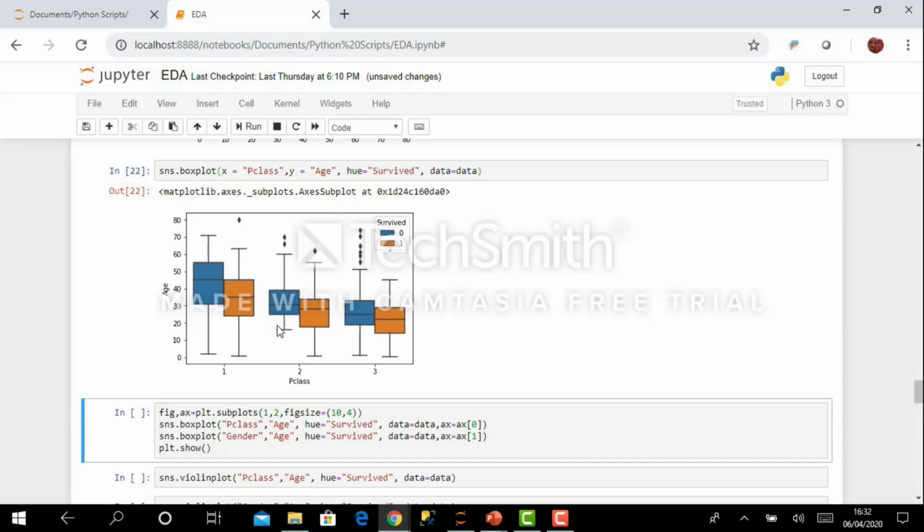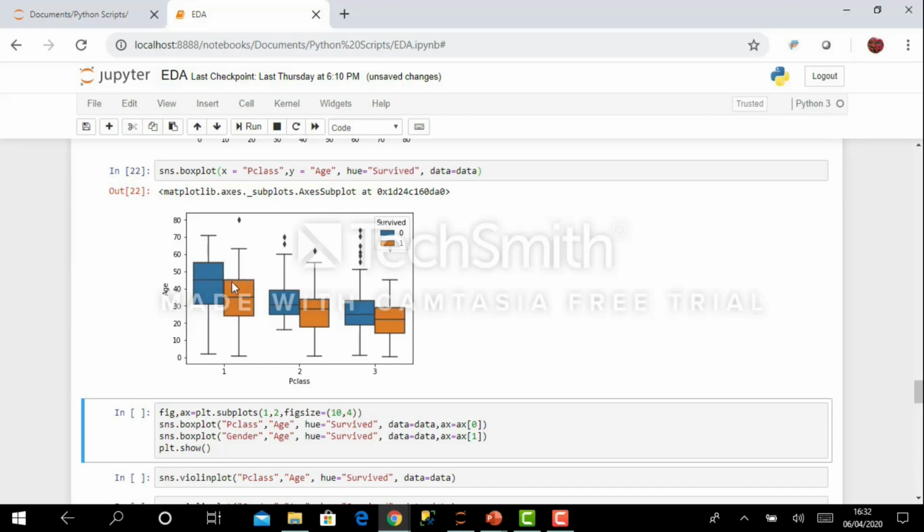So from this box plot I can get some understanding that for the first class passengers, this is the age group where most of the people survived, and these are the people who did not survive.